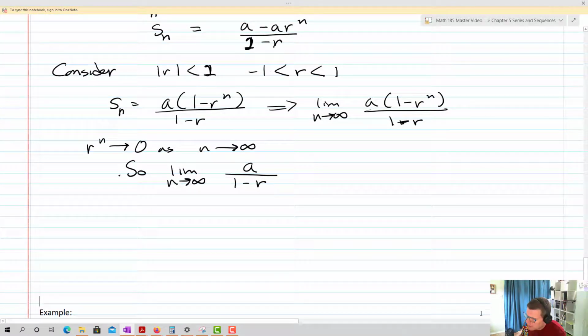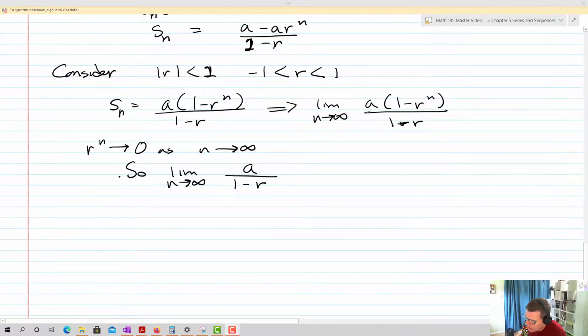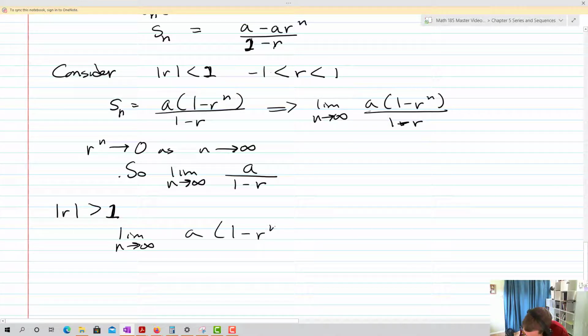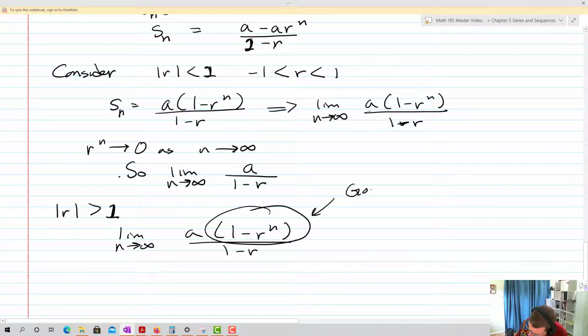What about if the absolute value of r is... So let's suppose the absolute value of r is greater than 1. Okay? So now when we take the limit as n goes to infinity of a times 1 minus r to the n over 1 minus r, what we're going to get is that this term goes to negative infinity.